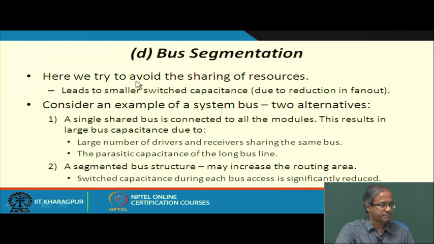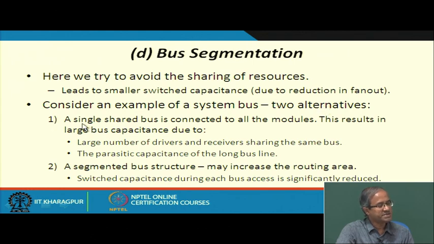So, here we are trying to avoid the sharing of resources as much as possible. So, I shall be explaining this. This will lead to smaller switched capacitance because of reduction in fan out. I shall explain this with an example. The example that we take, we explore 2 alternatives.